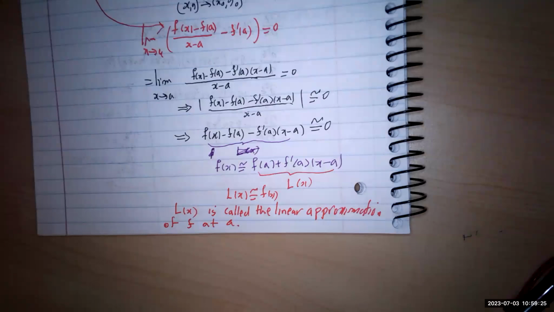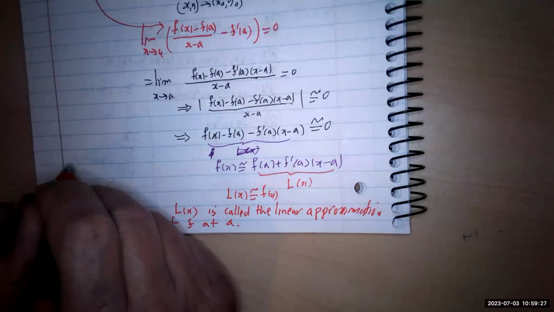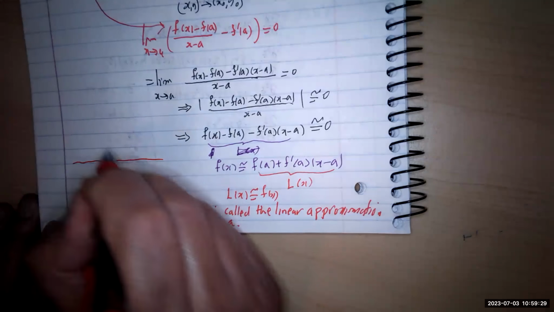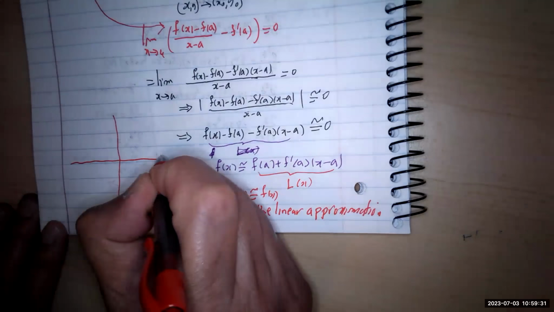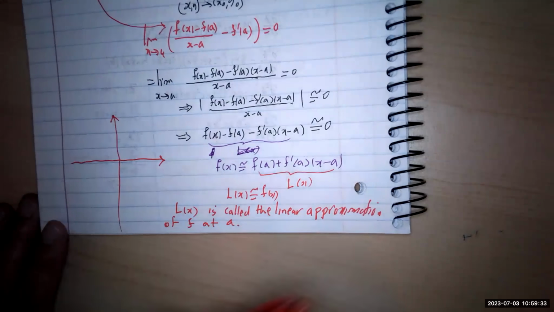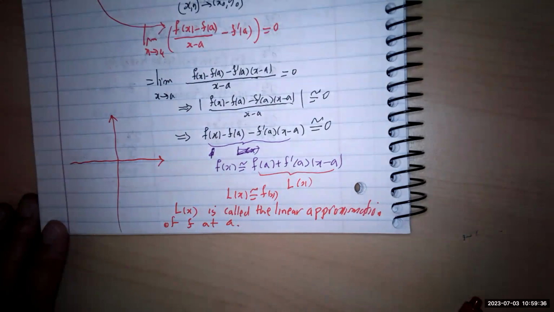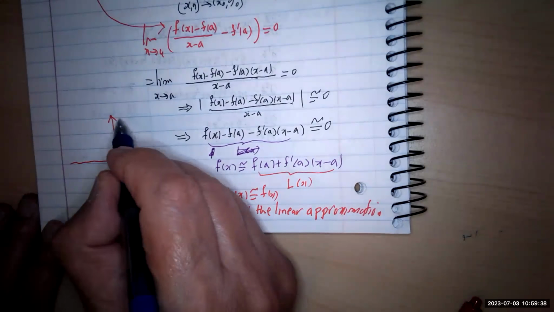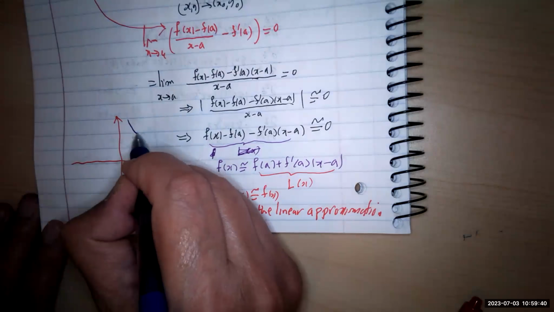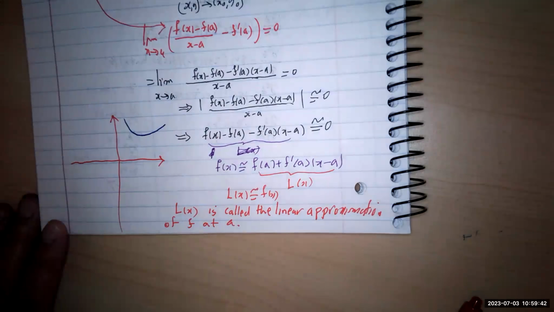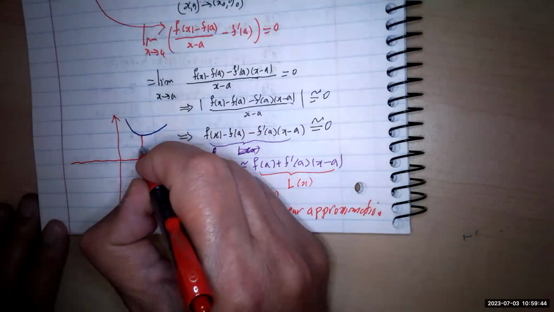Here is the interpretation. Say this is a curve that you have, and this is the point a.